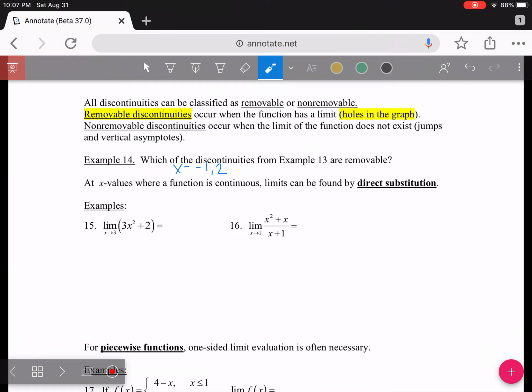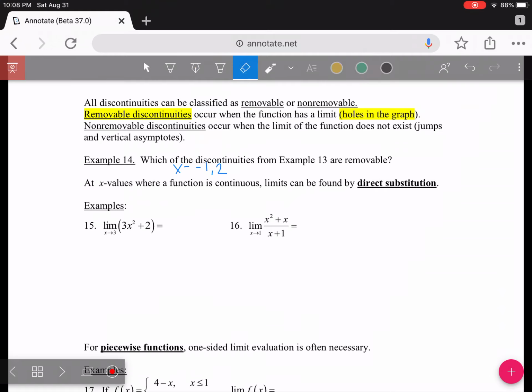If the function is continuous, then it means that you can draw it without ever lifting your pencil. So if I wanted to know what value it's approaching at this point right here, well, it's approaching that point, right? It's just approaching right to that point. So I can just plug the value in at that point and find the limit.